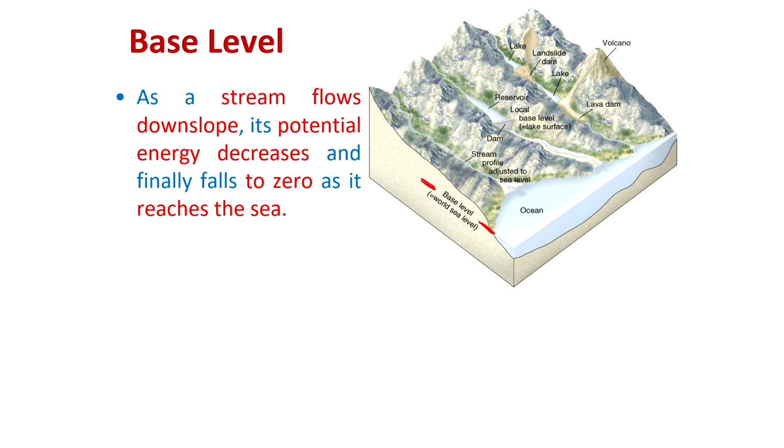Now there are other issues also, which can result in a change in the base level, maybe because it is man-made. And that is because of the construction of dams. Okay. And that is what we will call a local base level.